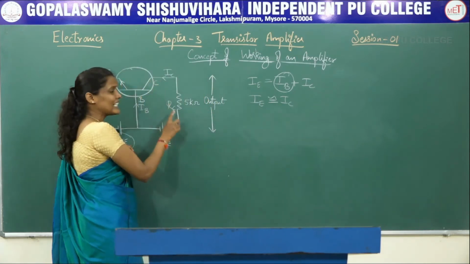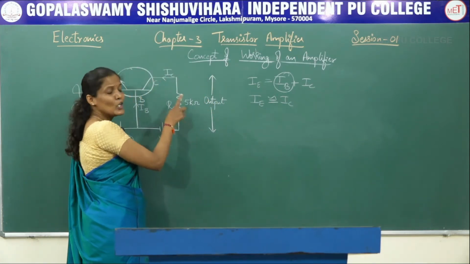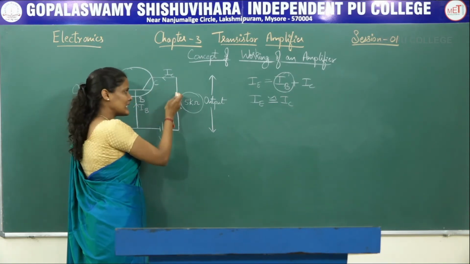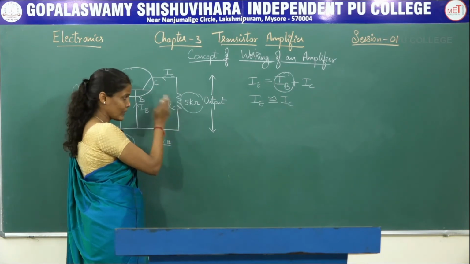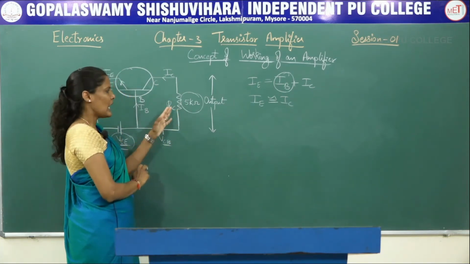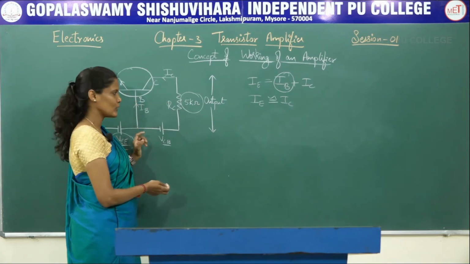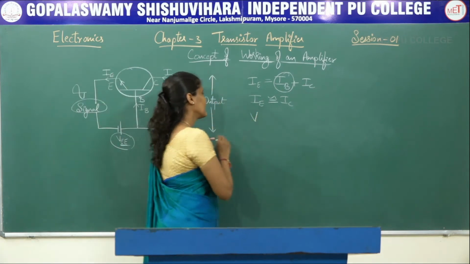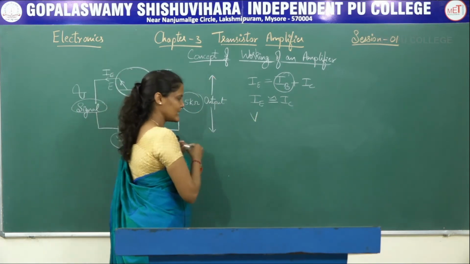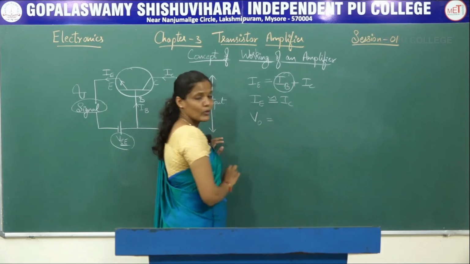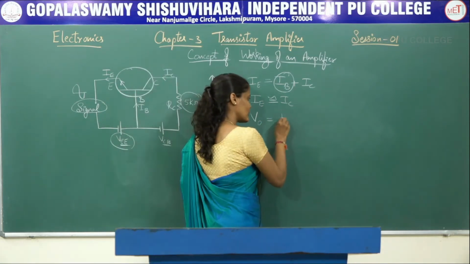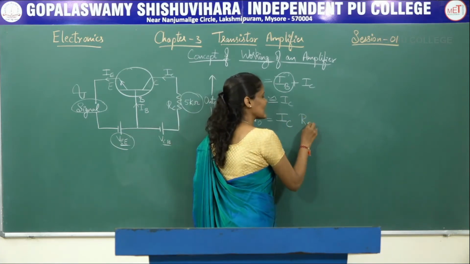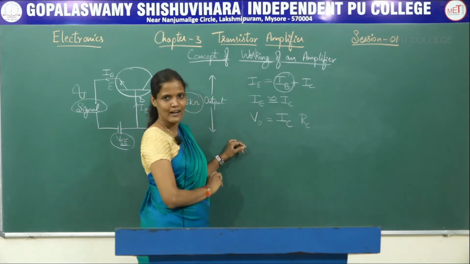But that IC is flowing through the resistor RC, whose value will be very, very high, usually in an amplifier circuit, say 5 kilo ohm. Since IC starts flowing through RC, the voltage across this resistor, that is the output voltage, which I denote by V0, is equal to the current flowing through that resistor, IC, into the resistance of that resistor, RC.